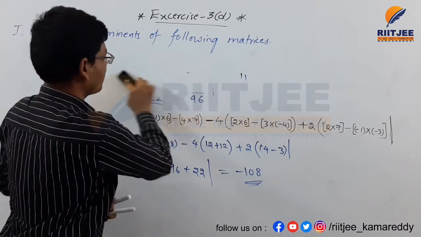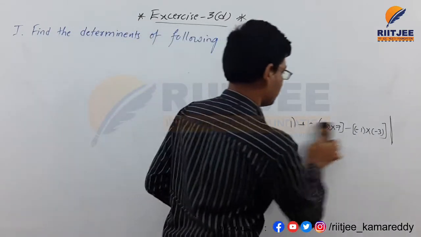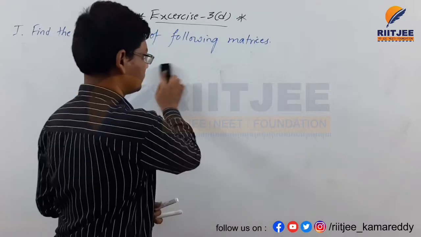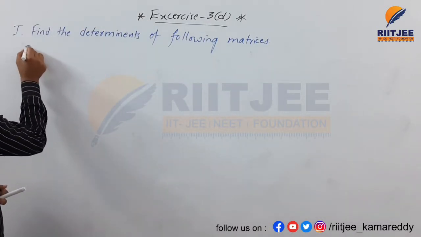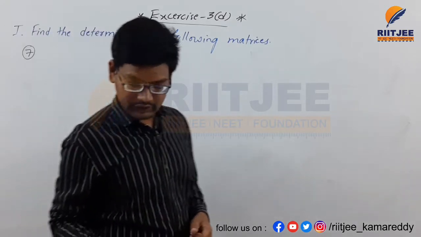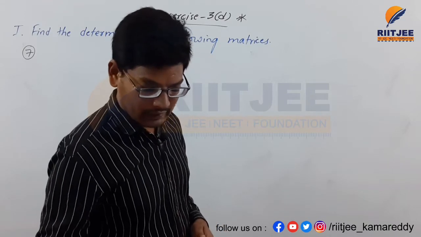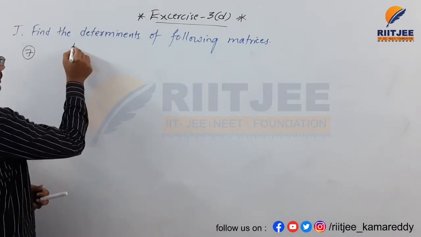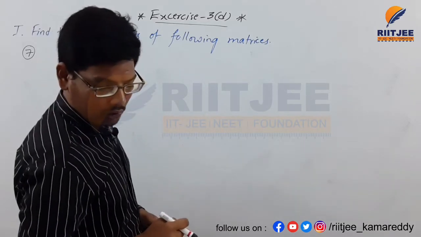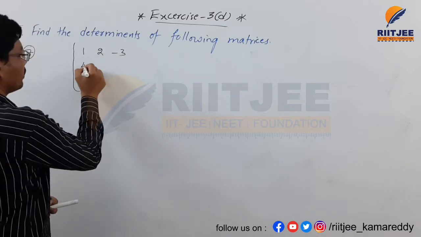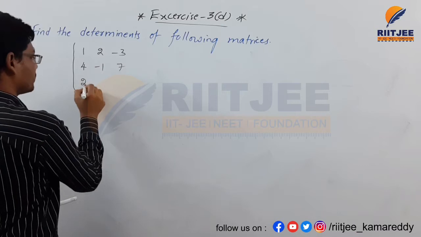The seventh question from the first bit. The given matrix is 1 2 minus 3, 4 minus 1 7, and 2 4 minus 6.